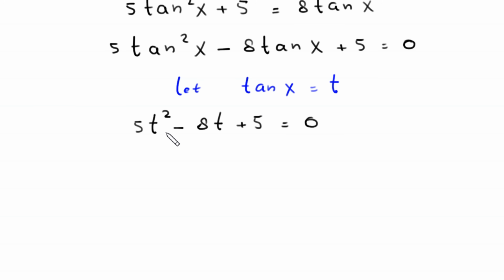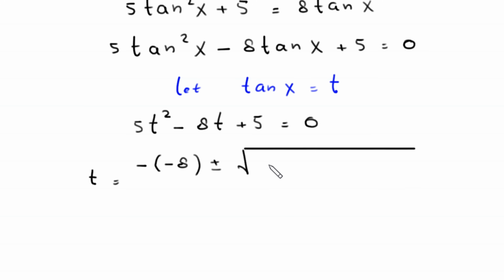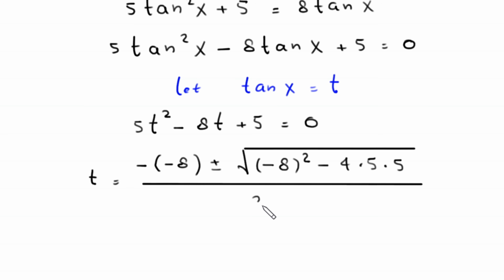This is a quadratic equation and is not factorable, so we solve it by the quadratic formula. According to the quadratic formula, t is equal to negative b, where b is negative 8, plus or minus the square root of, in place of b squared we write negative 8 squared, minus 4 times a, which is 5, times c, which is 5, divided by 2 times a, which is 5.